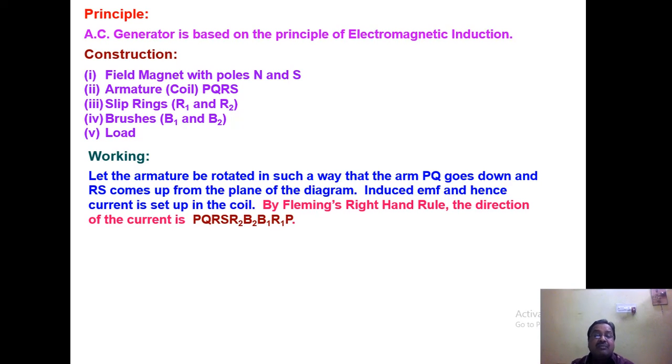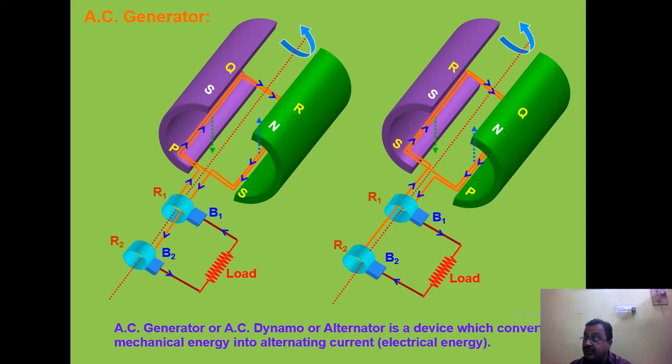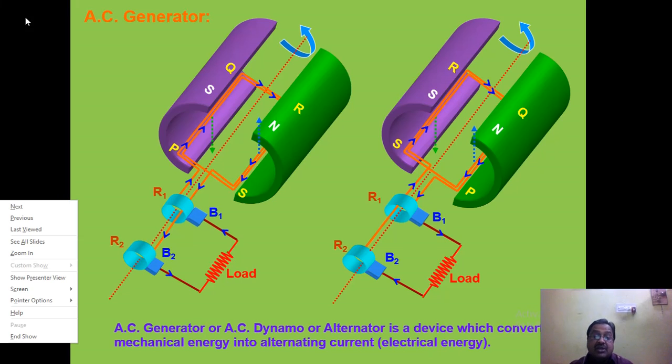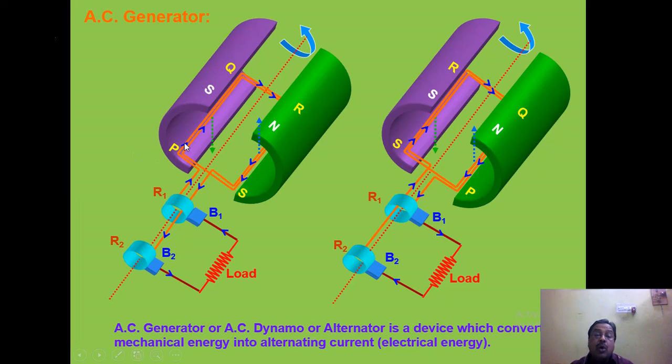It consists of field magnets with polarity north pole and south pole, armature, slip rings, brushes, and load. So what are its different components? Mark the figure. It consists of an armature here, PQRS. Two positions are shown.